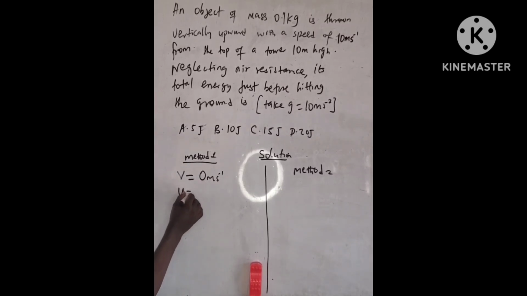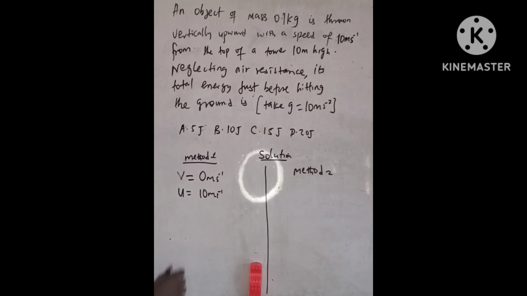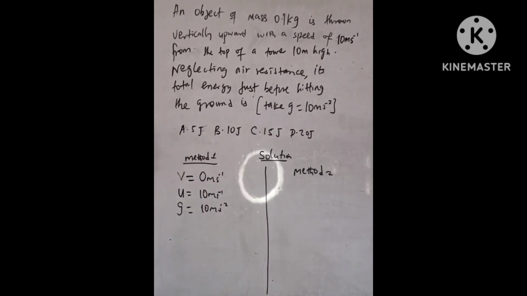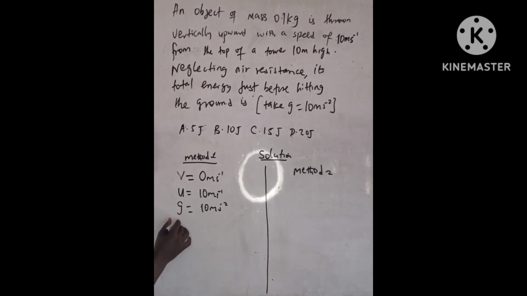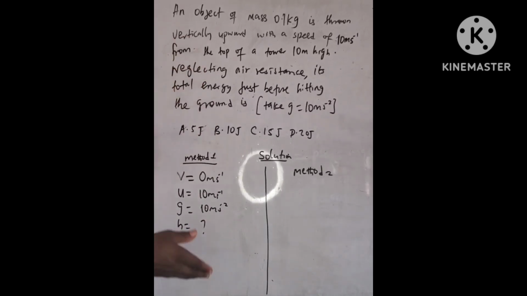Then initial velocity u is 10 meter per second, the velocity with which it was thrown up. Then g is 10 meter per second squared as given. Then height is unknown. What height are we looking for? The height it attained when it was released from the top of the tower.